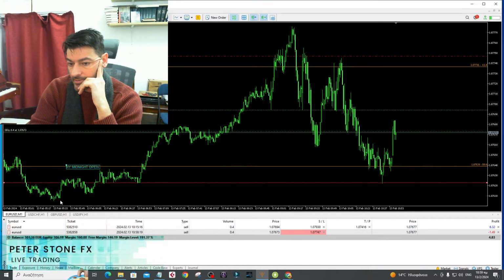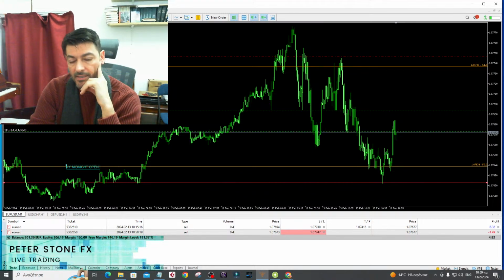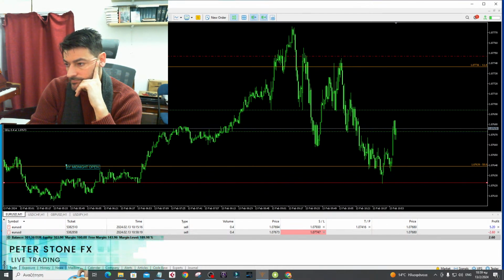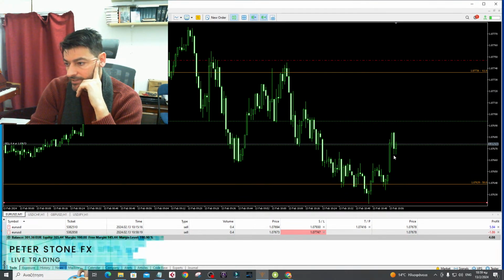And the next sell side liquidity is here. So this is in my live account. We have created equal lows, so it will break them and go down.